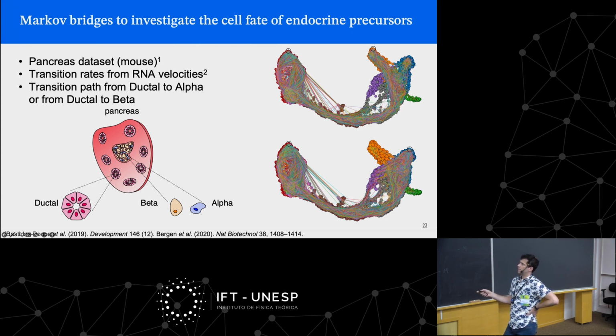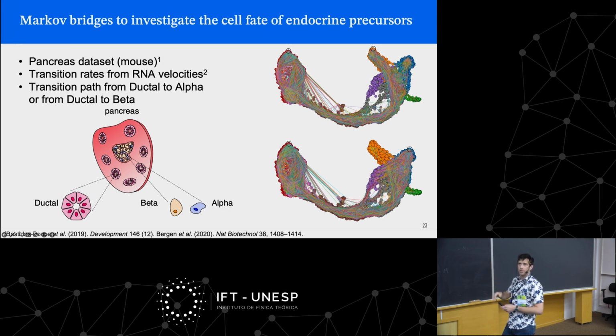During development, those cells come from pre-endocrine cell types and from ductal cell types. And so you do the same thing.